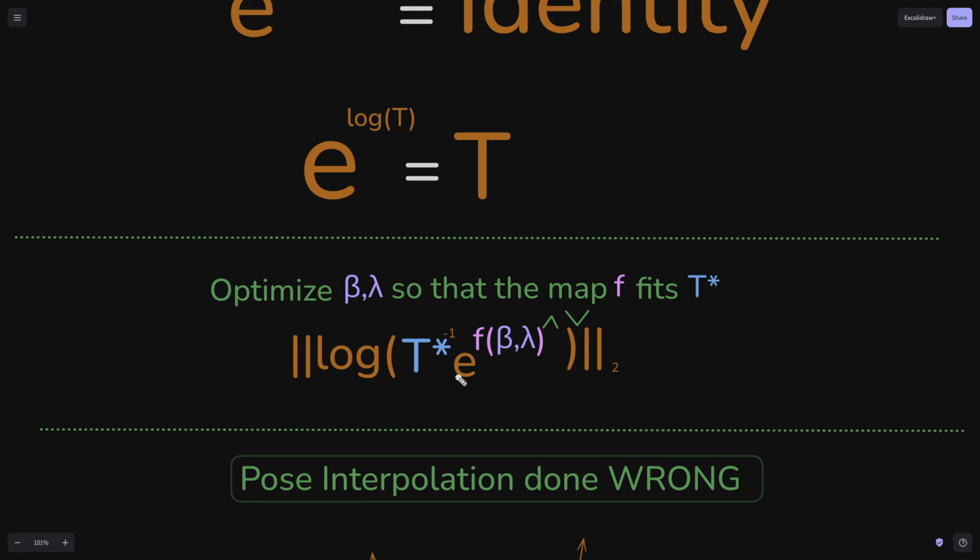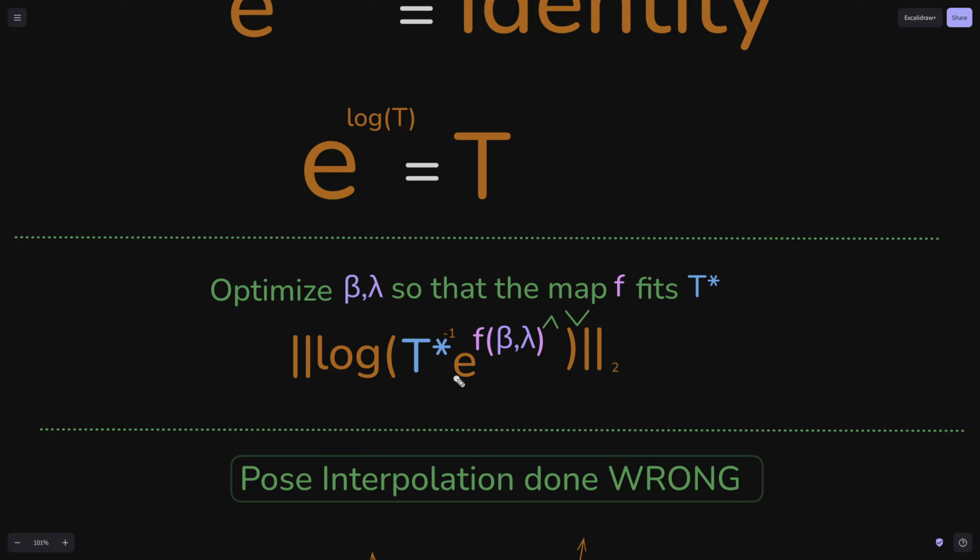Because the only thing you need to do is to add the exponential. The exponential in PyPose and other good libraries will preserve gradients. And it's quite easy and simple, actually. And then you compose it with the inverse of T star, which is your target, okay?